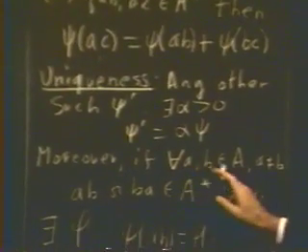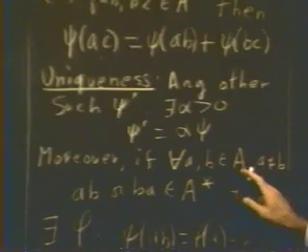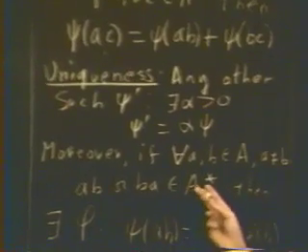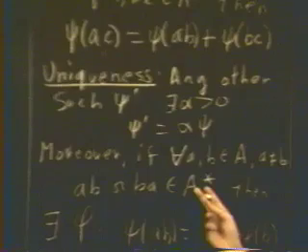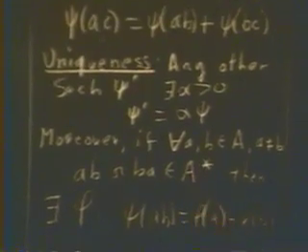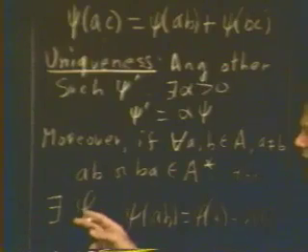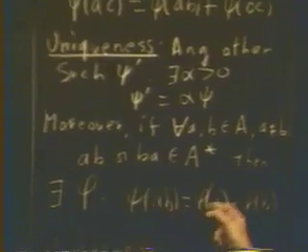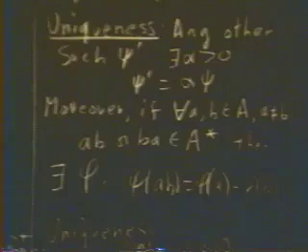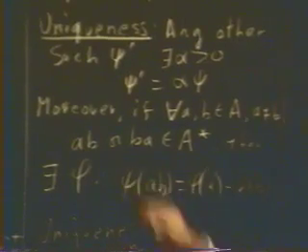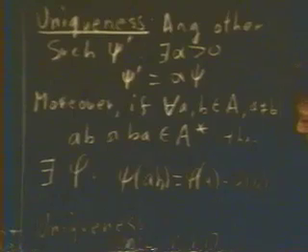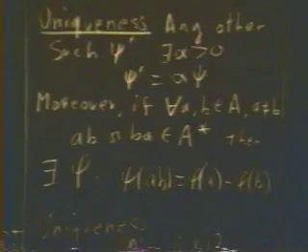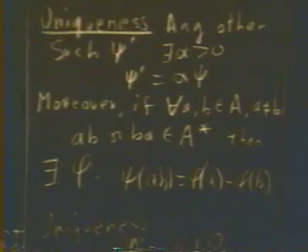Moreover, if for every A and B in A, that is the original set of objects A, and A not equal to B, we have either AB or BA in A starred, so it means that A starred is now a complete ordering and not a partial ordering, then there exists a real-valued function phi from A, not A starred, from A into the reals, such that psi of AB equals phi of A minus phi of B. And secondly, relative to this psi, if we have any other such phi prime, then that must be equal to phi plus beta, beta, of course, being a translation parameter. And this is what we'd expect.